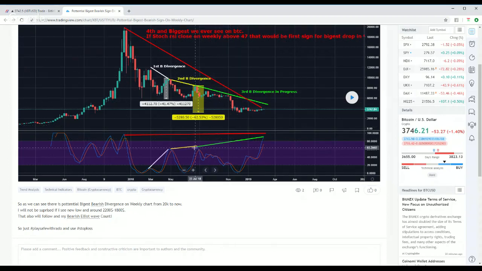And I mean, you can see this massive divergence here with lower high, and this would yet again be lower high with a higher high on the indicator.